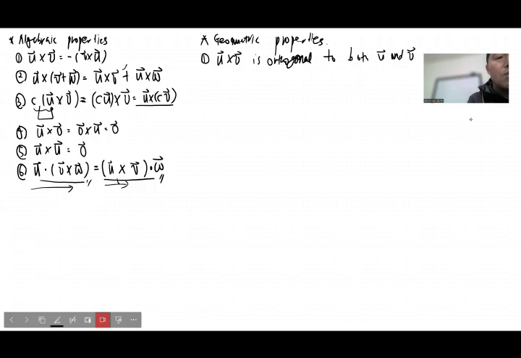They should just be perpendicular to each vector at the same time. So if you draw those three vectors, you have the u vector, this is the v vector, and their angle is theta. So if you cross product u and v, then the resulting vector, maybe w, should be orthogonal to the v vector and the u vector at the same time.